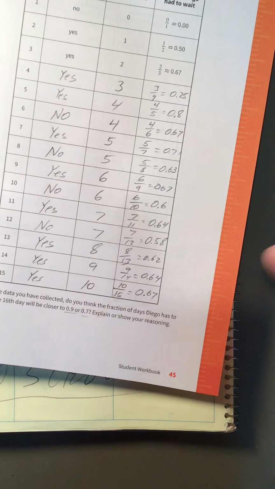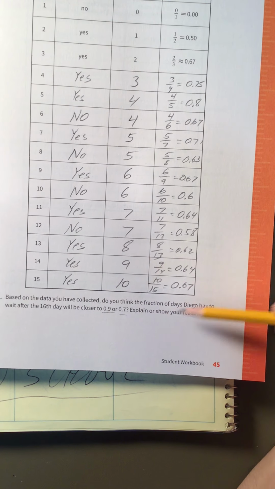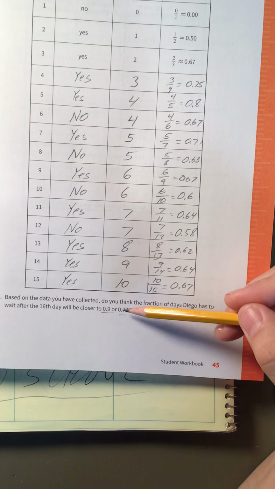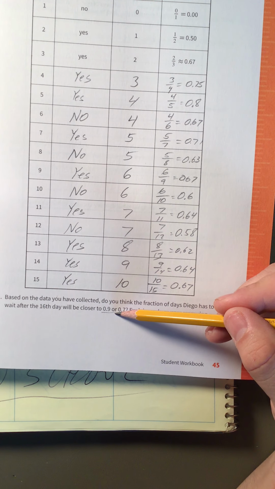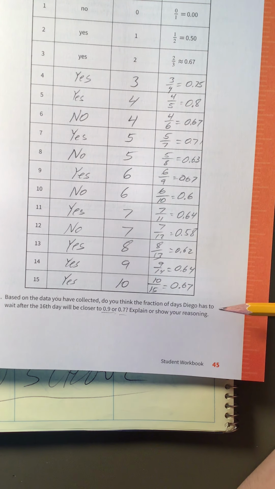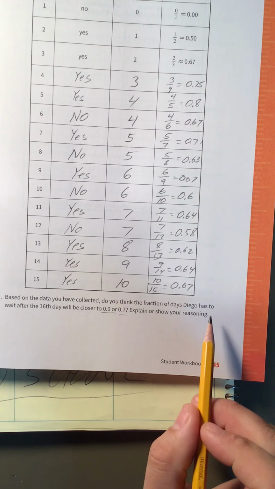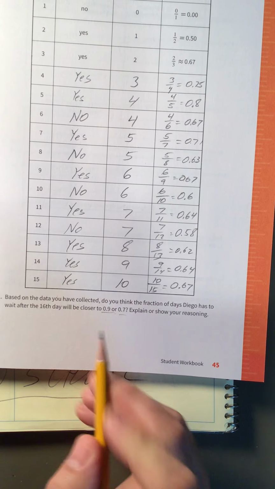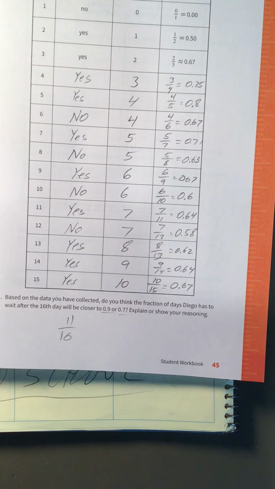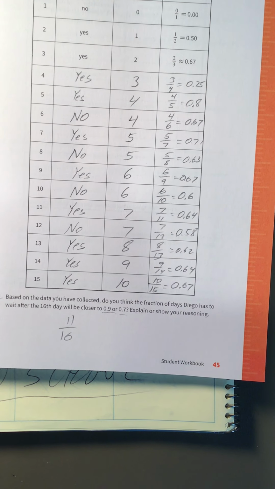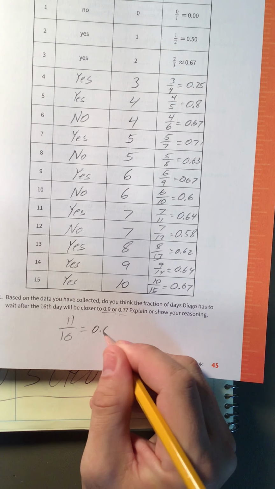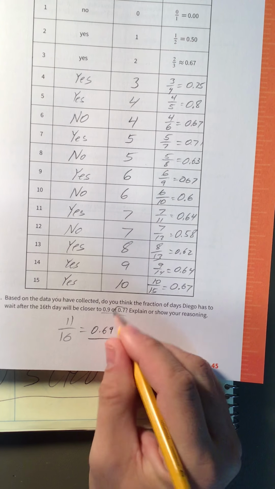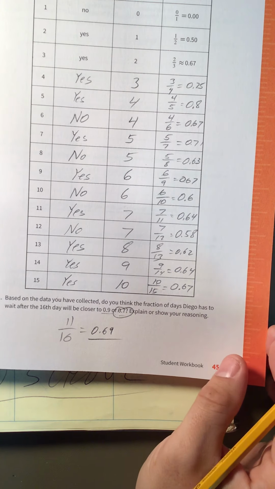If we do another experiment, do you think it's going to be closer to 0.7 or 0.9? Well, if he has to wait, it'd be one more added on, right? It'd be 11 out of 16. So we could take 11 divided by 16, but hopefully you see that would be much closer to 0.7.